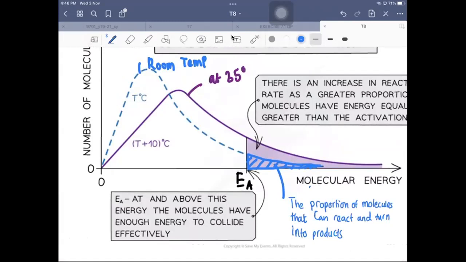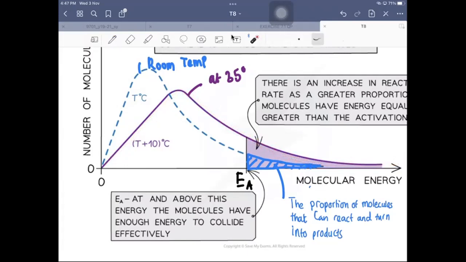Now, the Boltzmann-Maxwell distribution will also change. My graph will be shifted to the right because the right direction is in the direction of increasing energy. But the shape is generally still the same. I still have that hill or slope, and then it starts to tail off, but never touching the x-axis.